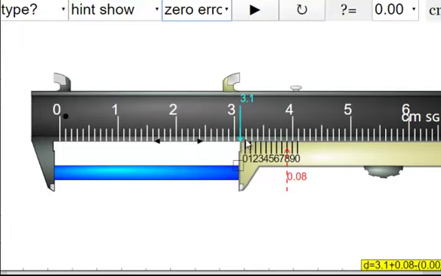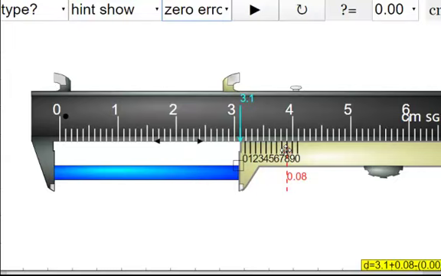It's just short of the 3.2. I know it says 3.1 here. What that means is, since the 0 is short of 3.2, I'm measuring actually 3.1 something. And now I'm going to look at which of these little lines, these are fine detailed lines, are lined up the best, and it already tells me that the 8 is lined up. And that gives me the last digit here, so the 3.18.